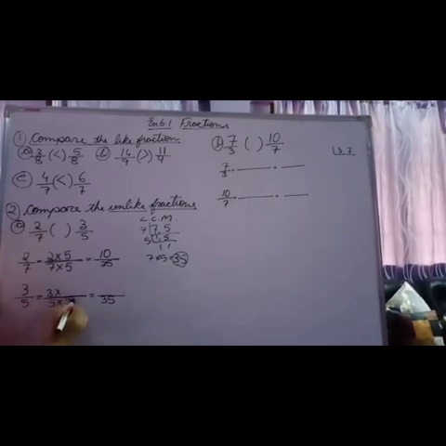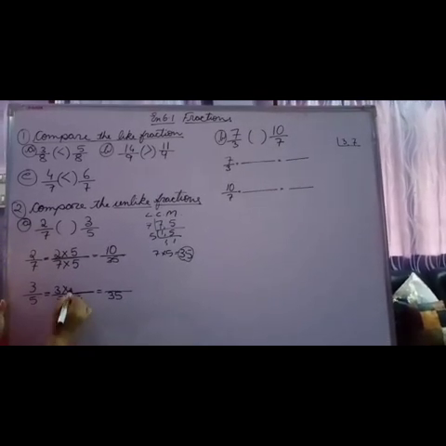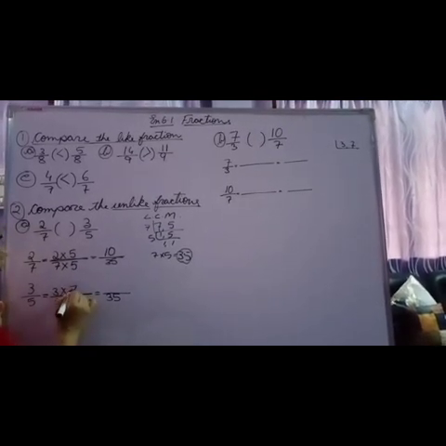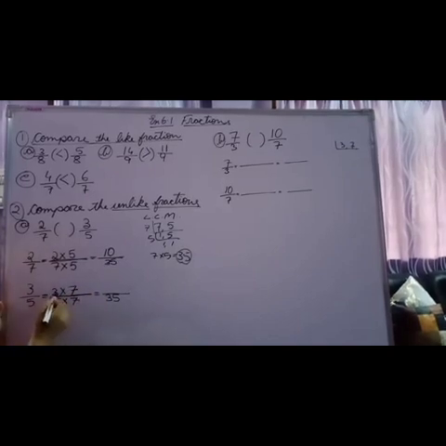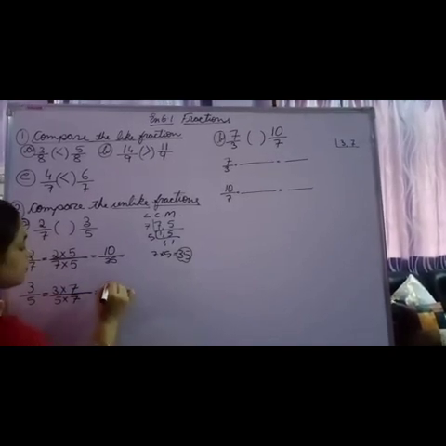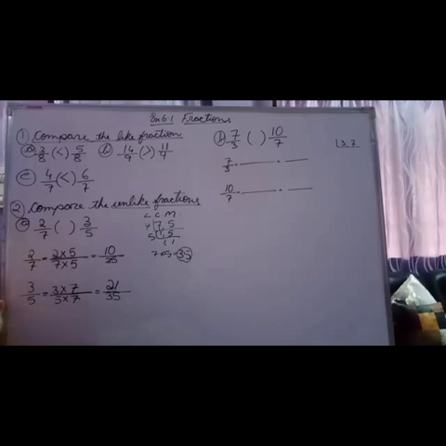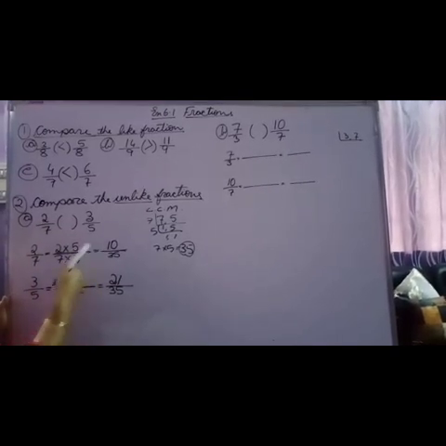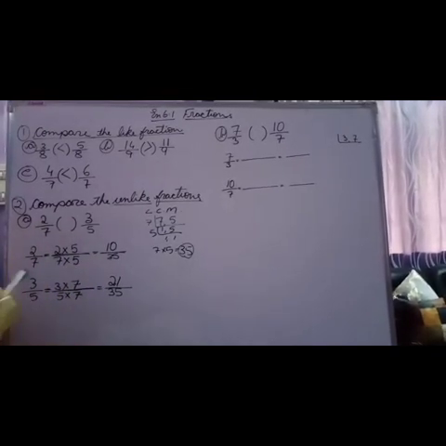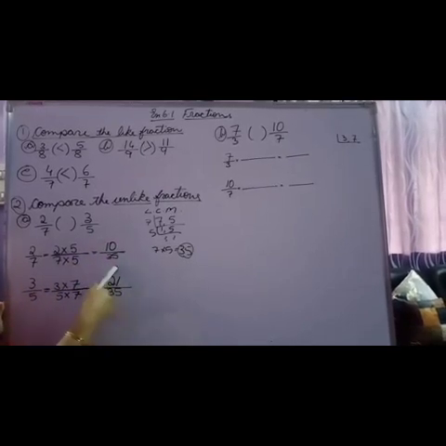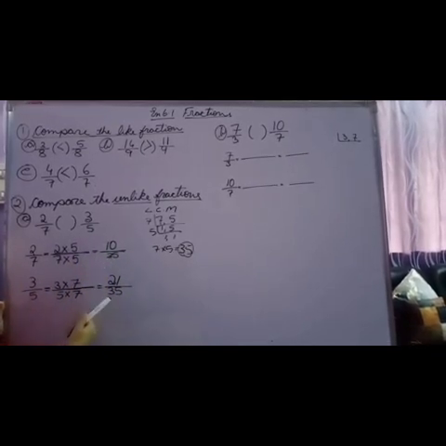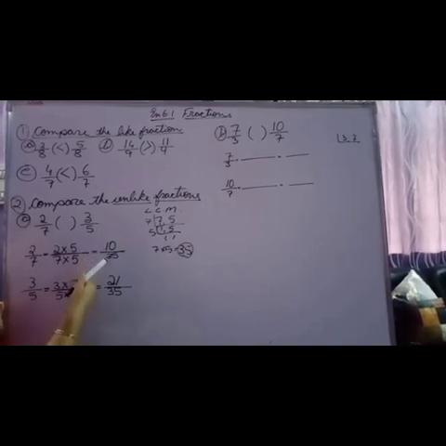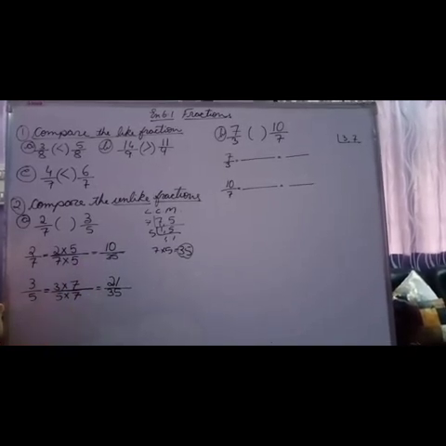If you are multiplying this denominator by 7, you will also multiply the numerator by 7. Now 3 into 7 is what? 21. So children, now we can see that these unlike fractions have been converted into like fractions. That means now the denominators are same: 10 by 35, 21 by 35.